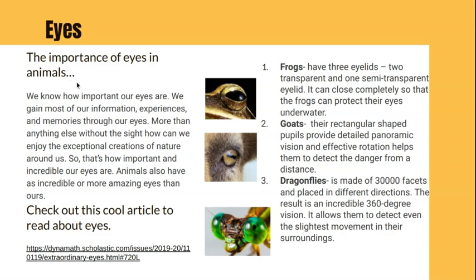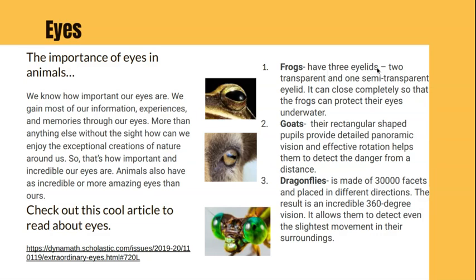So, the importance of eyes in animals. So, we know how important eyes are, right? We use eyes to see. We gain all kinds of information from looking, and we gain a lot of memory from seeing through our eyes. Animals might have more amazing eyes than ours, if you can believe it.